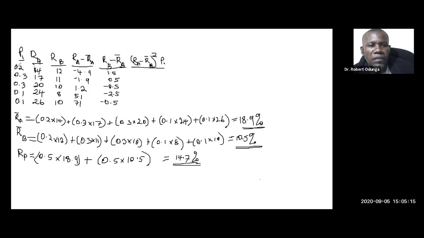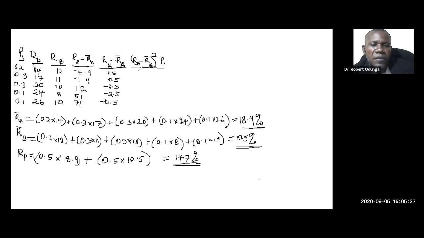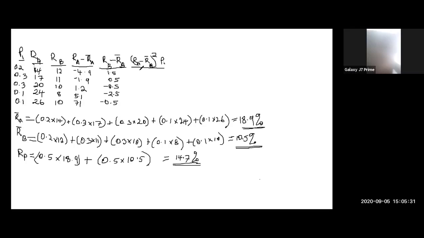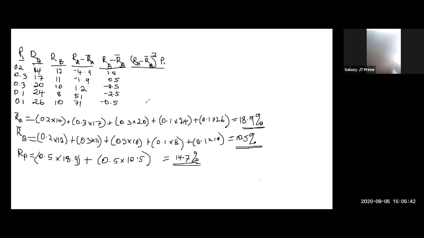What do you get for scenario 1? You square this and then multiply by 0.2. What do you get for scenario 1? We already have the figure, negative 4.9.